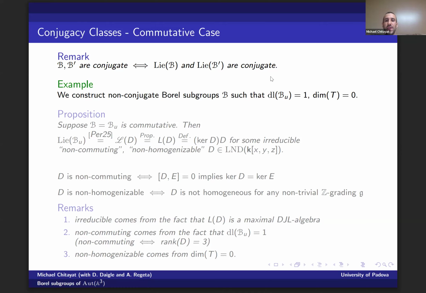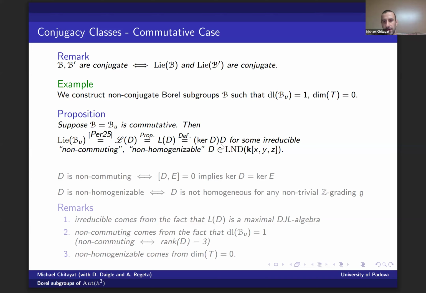So this is really the special case of commutative Borel subgroups. And so a proposition: assume B is a commutative Borel subgroup, then the Lie algebra is just this curly L of some D by Perepechko. This is equal to some straight L of some D by the proposition that I mentioned before. And this, by definition, is just the kernel of D times D.